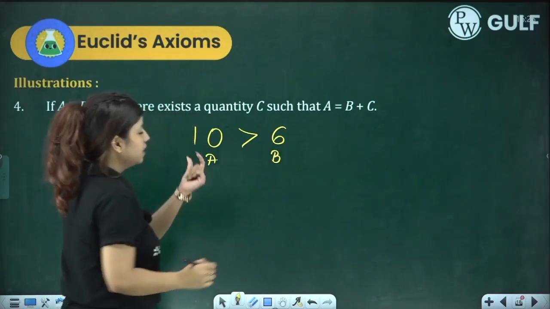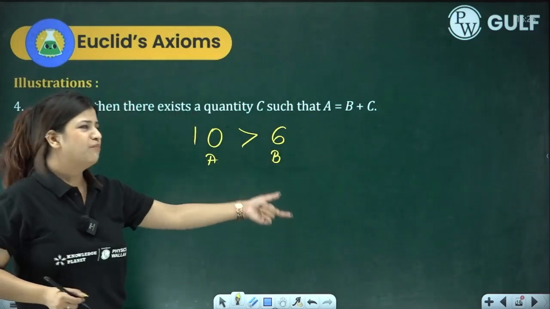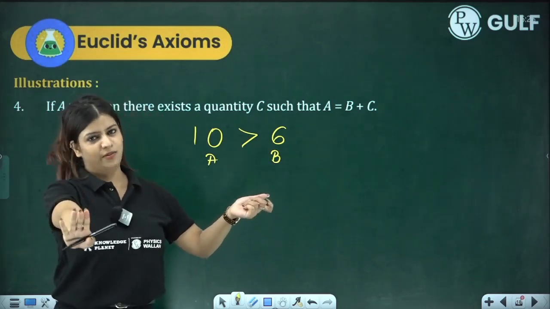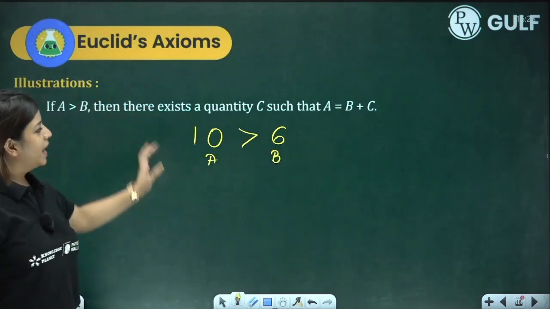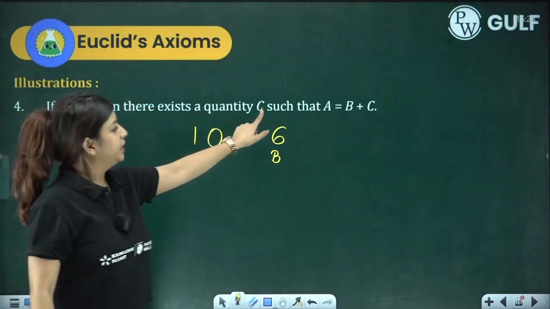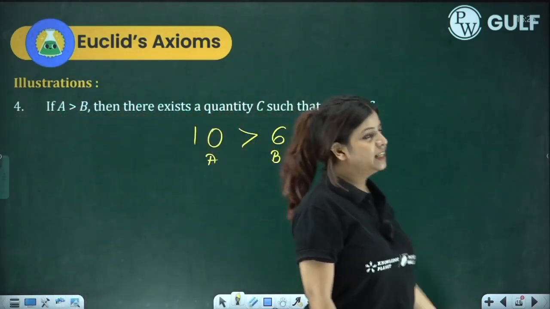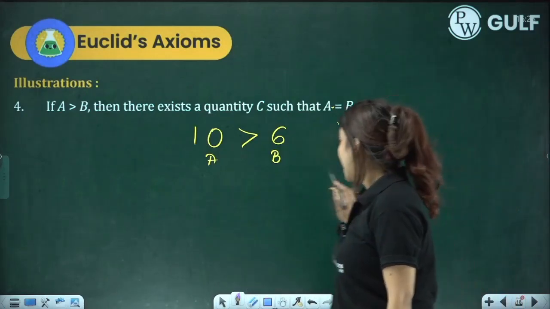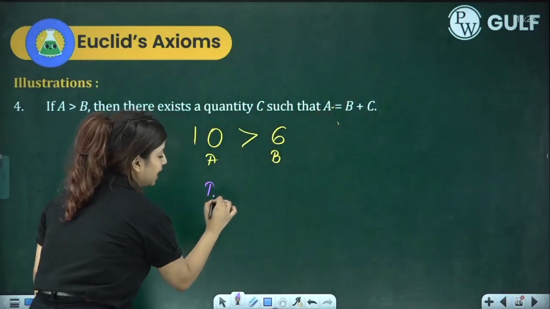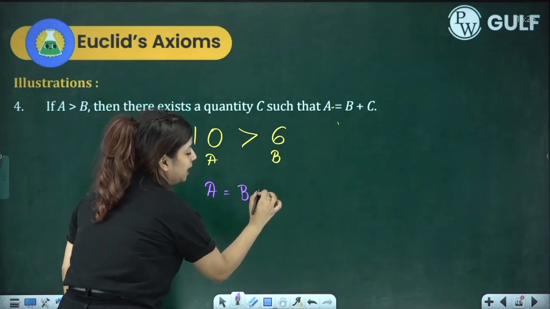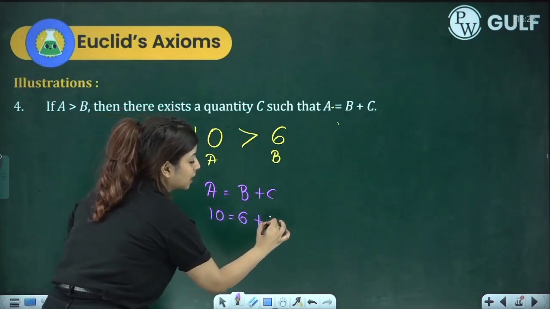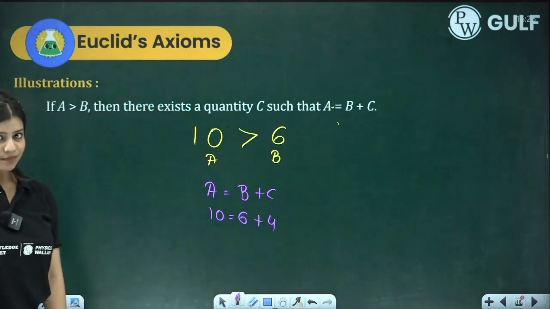What I have written is that A is greater than B. For example, 10 is greater than 6. Everyone agrees with it, right? Then there exists a quantity C such that A equals B plus C. That means 10 equals 6 plus what? 6 plus 4, right?